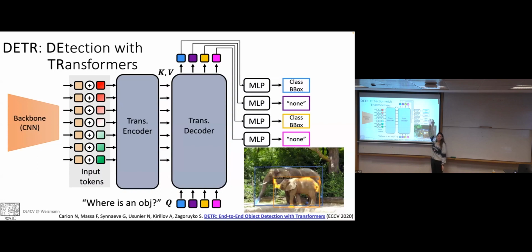It can be that the output for a specific query doesn't detect any object. And this one corresponds to this big elephant, and this one corresponds to this smaller elephant. But it's something that is learned implicitly by the decoder and also by the object queries themselves.